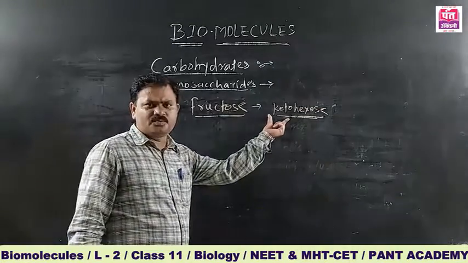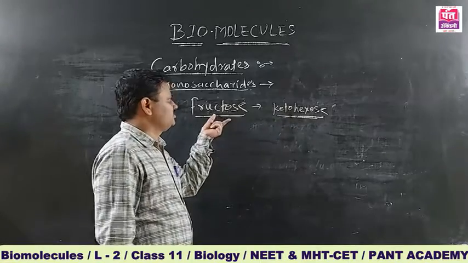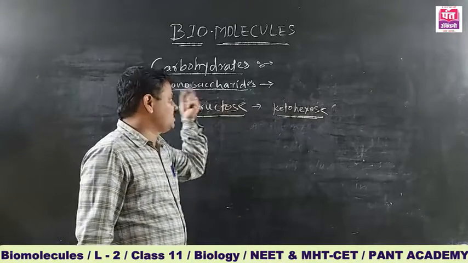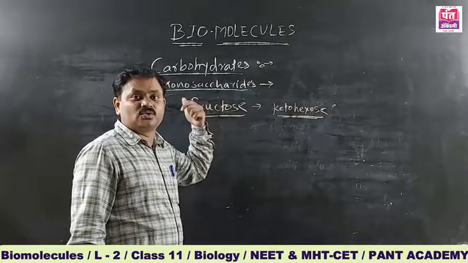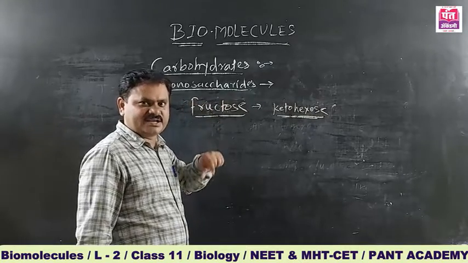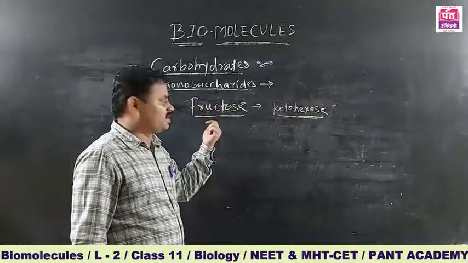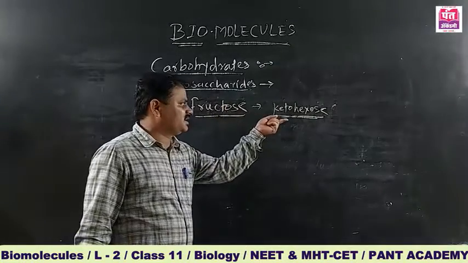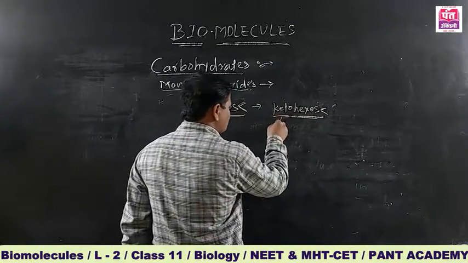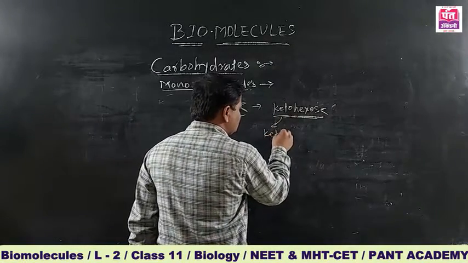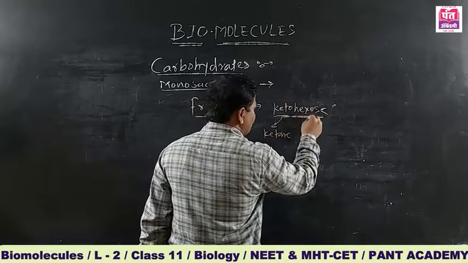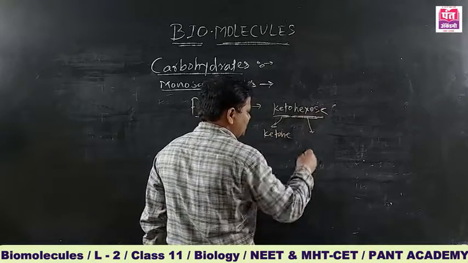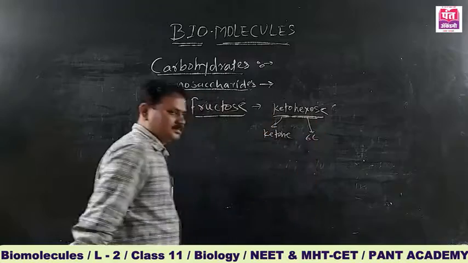It has a completely different functional group: as we have seen, glucose contains an aldehyde as a functional group, while fructose contains a ketone as a functional group, and hexose represents a 6 carbon sugar.